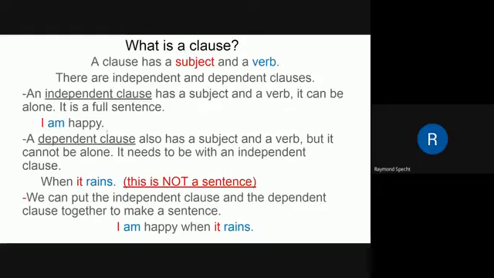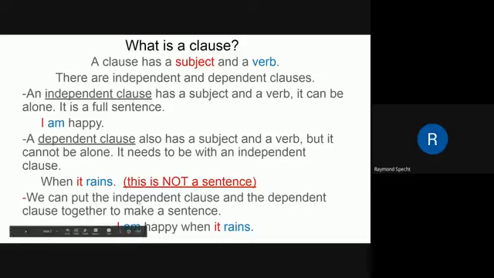I am happy. A dependent clause also has a subject and a verb, but it cannot be alone. It needs to be with an independent clause. When it rains, this is not a sentence because it's not telling us anything. We're using when, but we're not telling when.